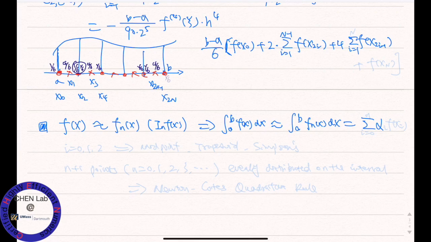The last half point is 4/6, and that point is 2n minus 1. That's why the upper limit is n: when i is n, it is 2n minus 1. Plus finally the final point, f of x2n, which is like the first point. The last weight is again 1/6.